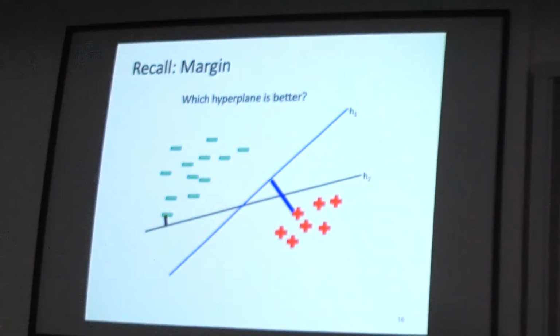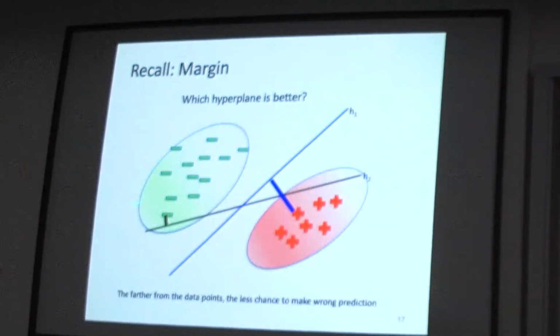Why? Because of the high density. Yes, exactly right. We did some qualitative analysis, right? The smaller the margin, like H2, the more likely that H2 is going to pass through the high density regions. So you can see that H2 passes through the high density regions for both positive examples and negative examples.